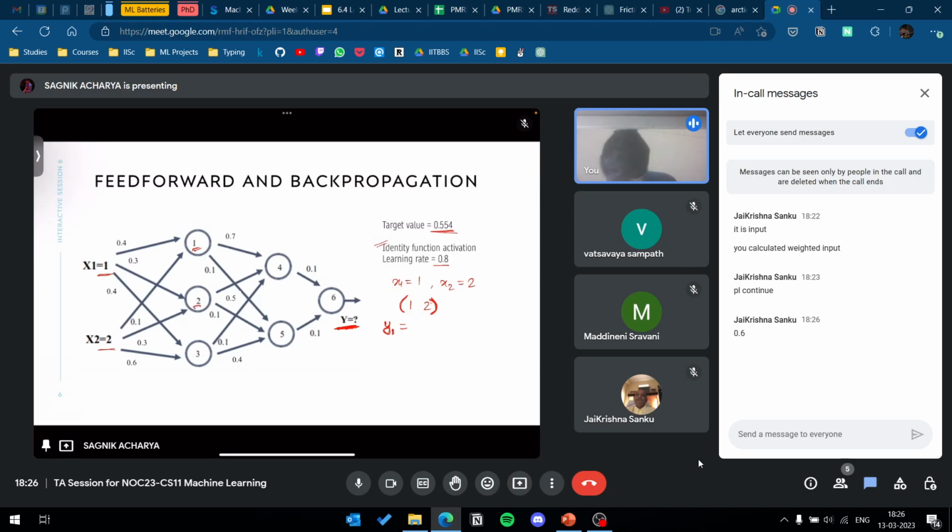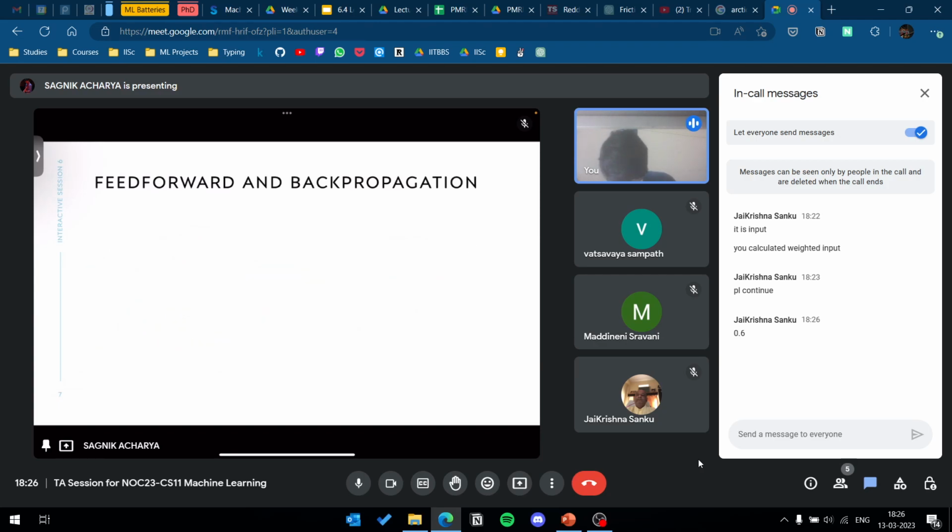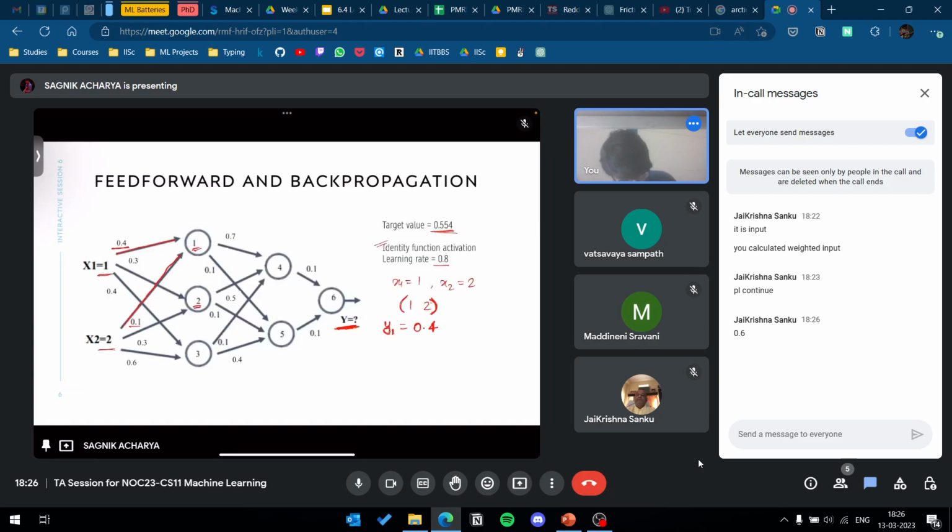For neuron 1 the input is 1, 2, and the weights are 0.4 for this one and 0.1 for this one. So y1 is equal to 0.4 times 1 plus 0.1 times 2, which is 0.6.